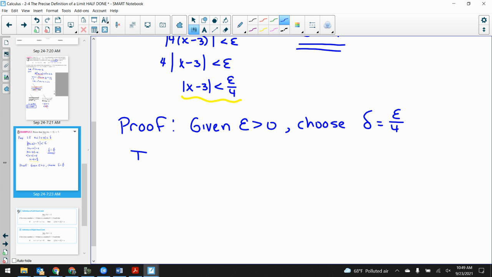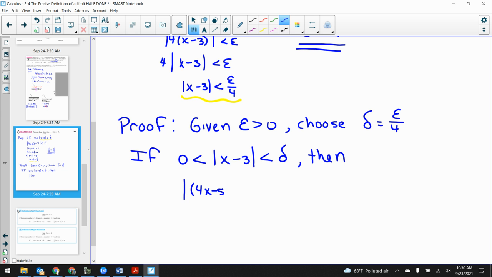Well, we know that if this is true, the difference away from x to 3 has to be less than delta. Then we know that the output is kind of like working backwards within our proof, within our prep portion. Then this is where we start our work.